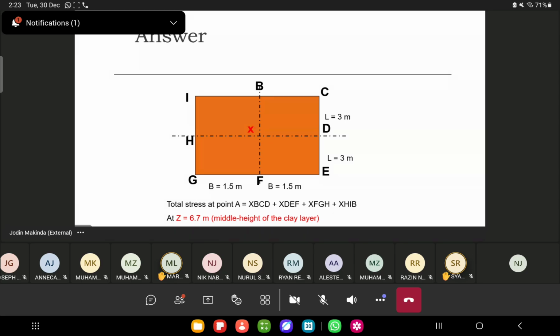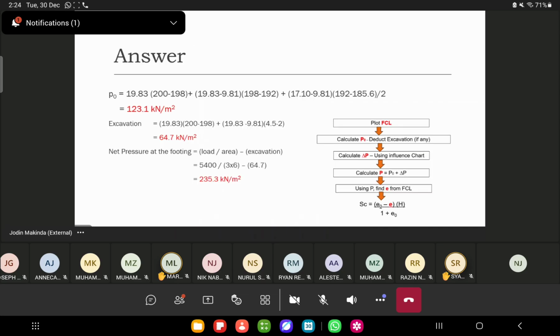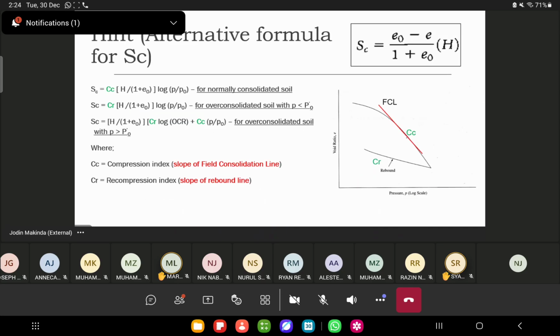Remember, whenever we are calculating the stress using the influence chart, make sure the value of Z, which is the distance from the base of the foundation to the middle of the clay, is accurately calculated or measured. In this case, 6.7. So remember, what is Z?